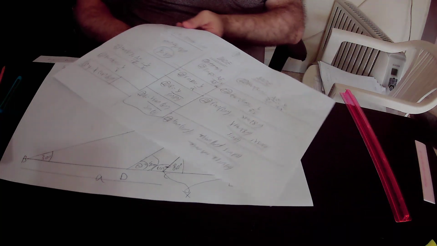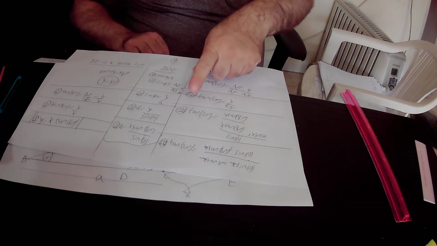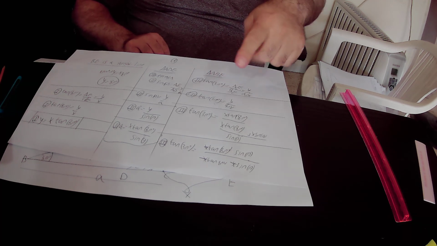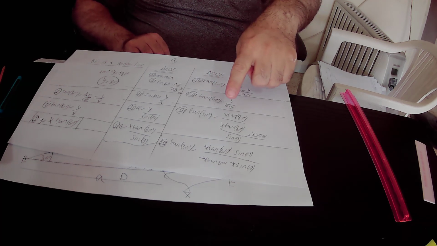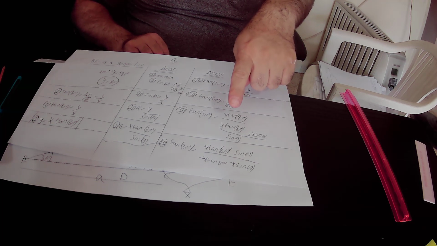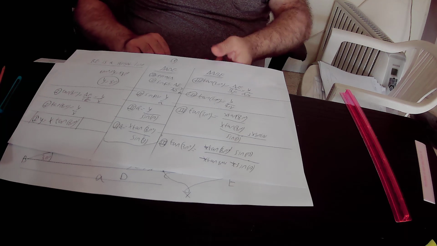We know that tangent 30 degrees is 1 over square root of 3, so we substitute tangent 30 degrees by 1 over square root of 3, and we have X in the numerator and X in the denominator, so X will get cancelled.